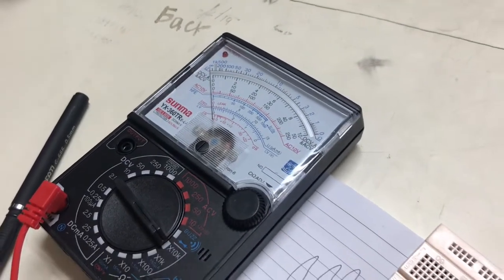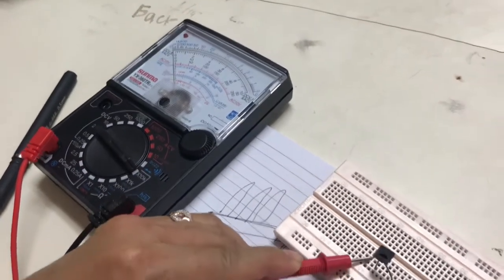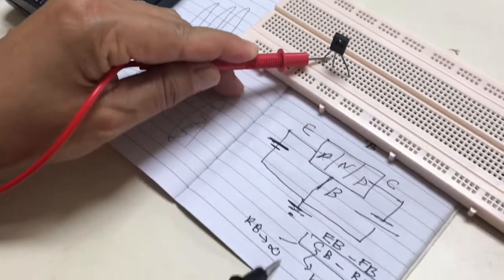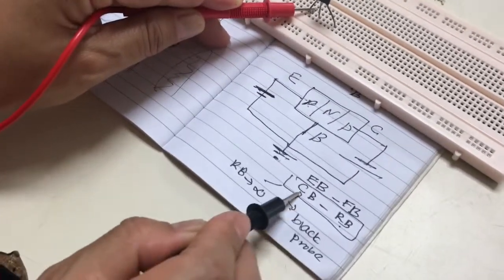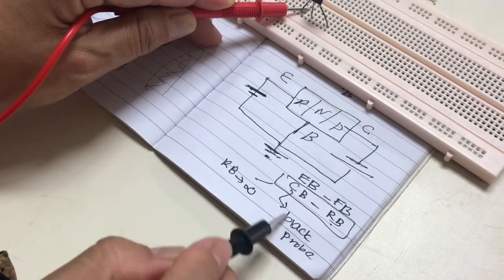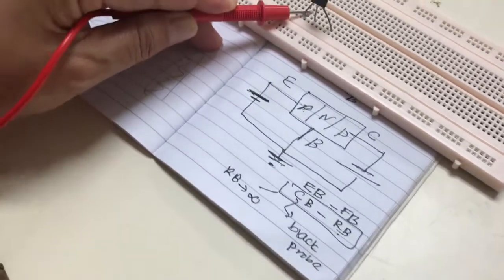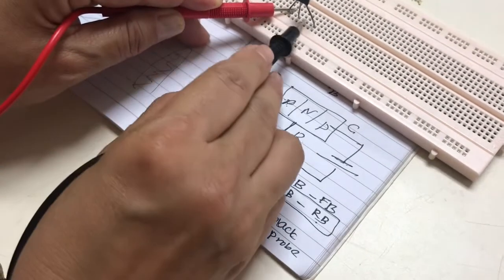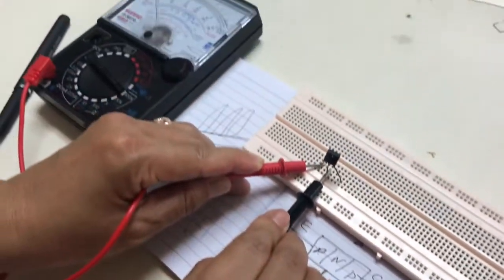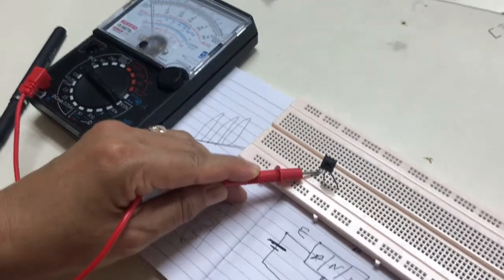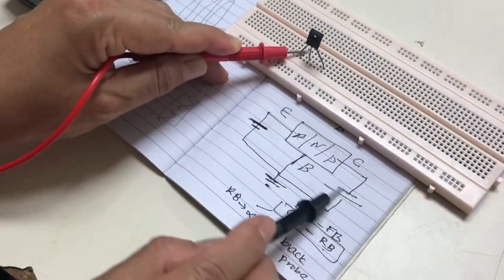Just now I mentioned that I need this reading because I would like to check the collector. The collector is reverse bias and the reading is infinity. So I focus on where my reading is infinity. The black probe, because the collector is connected to the negative battery.